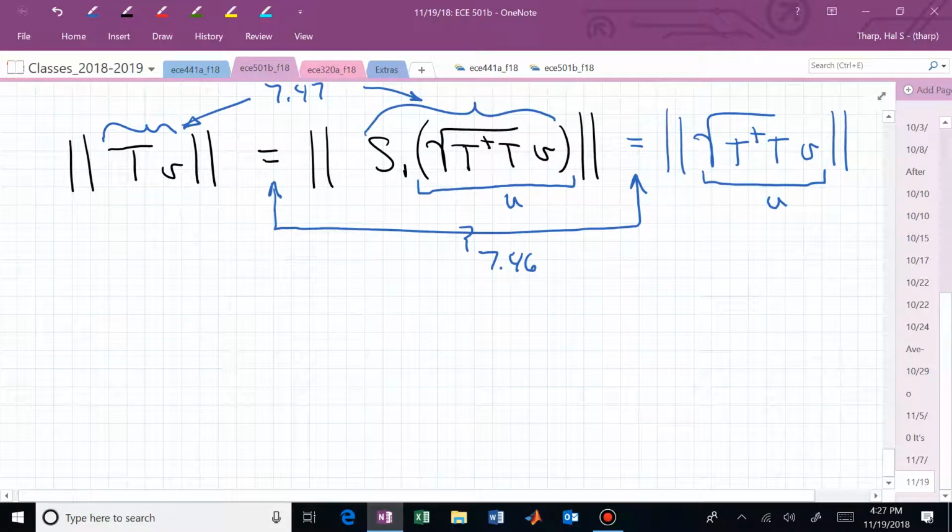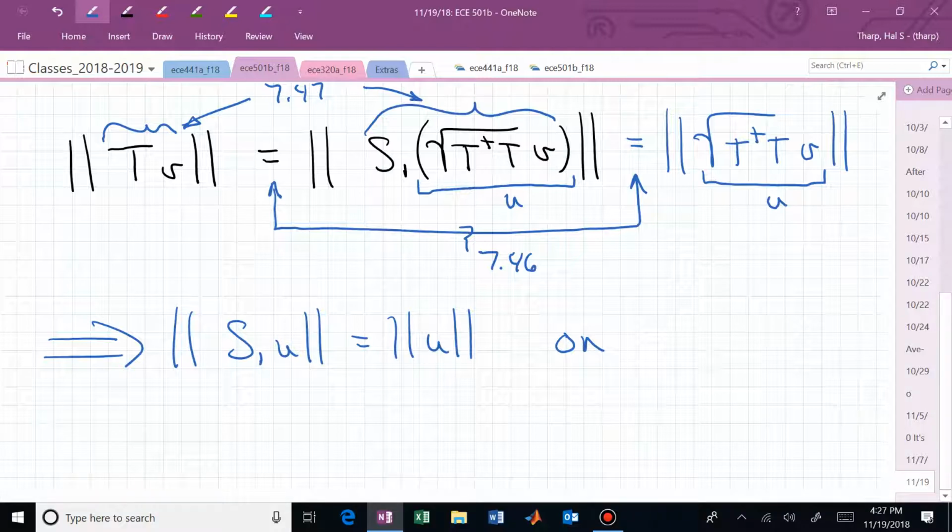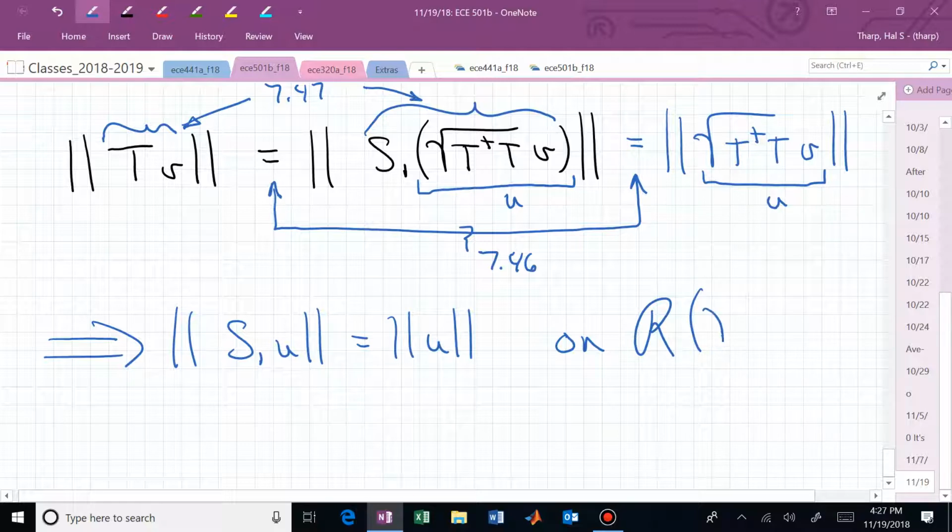But what do we know about u? u was only coming to us from the range of this positive operator, square root of T dagger T. So this was true on the range of T dagger T.